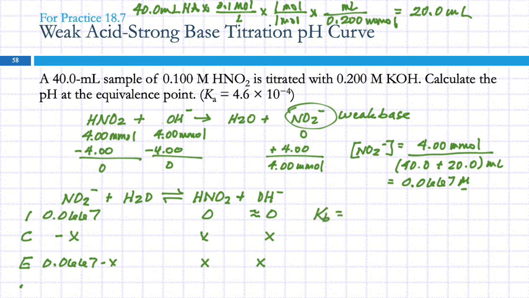So Kb is going to equal x squared divided by 0.0667 minus x. And what is the Kb? Well, it's 1 times 10 to the minus 14 divided by the Ka.